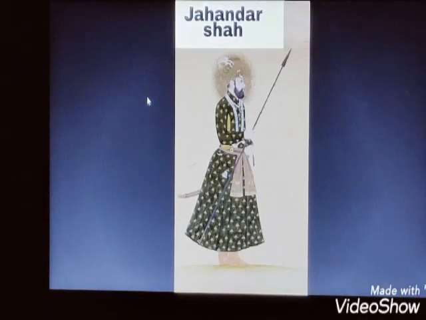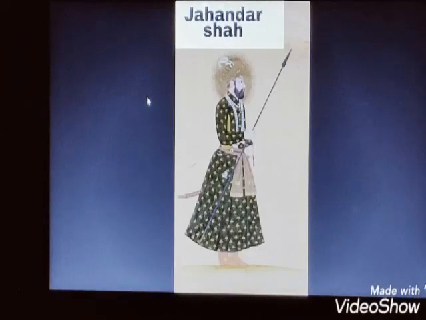Jahandar Shah succeeded Bahadur Shah in 1712. Mirza Mohammed Muizuddin, born on 9th May 1661 and died 12th February 1713, more commonly known as Jahandar Shah, ruled for a brief period from 1712 to 1713.